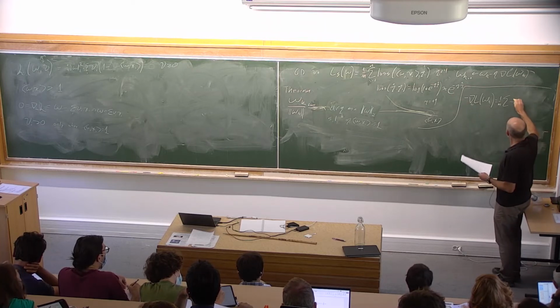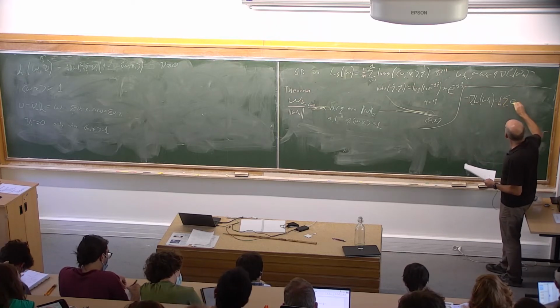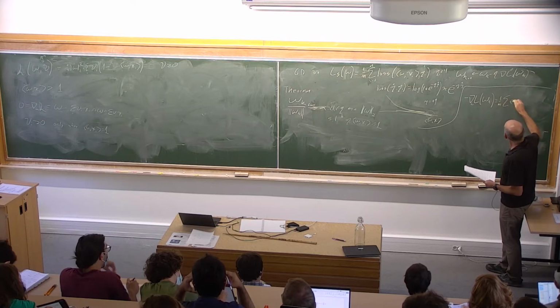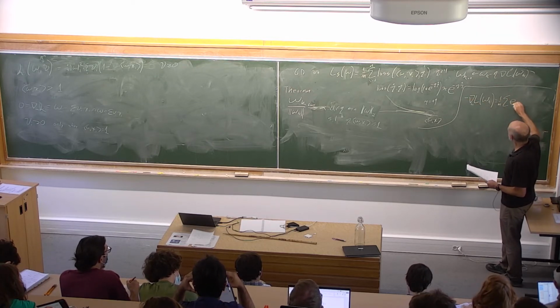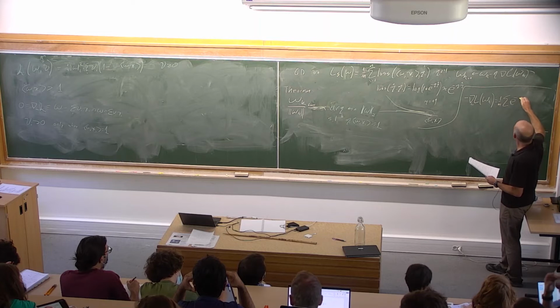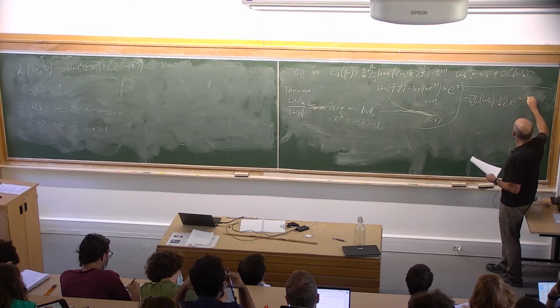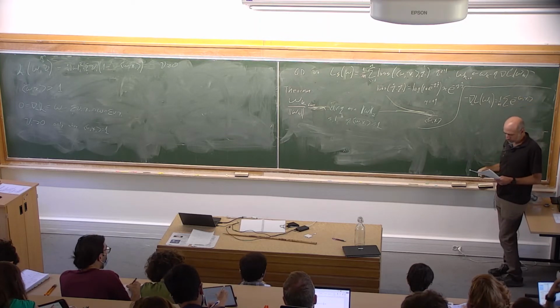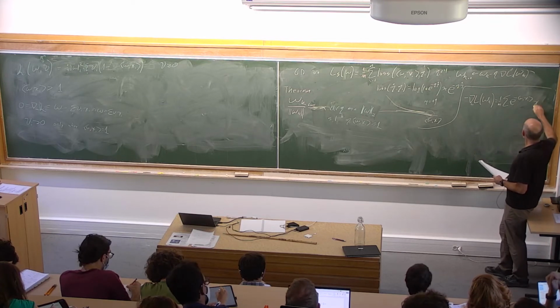So I have a minus that cancels this minus, and the derivative of the loss is e to the negative wxi. Remember that we forgot about the labels, times the data xi.